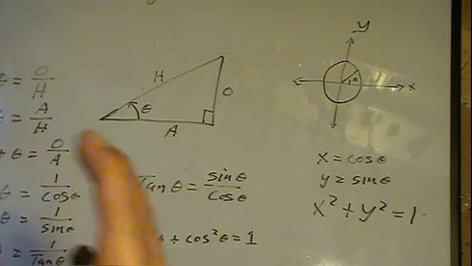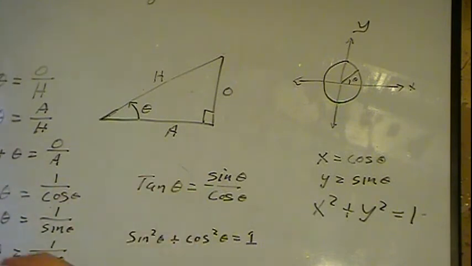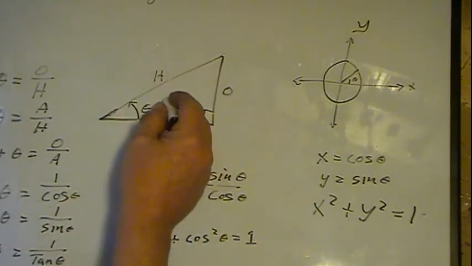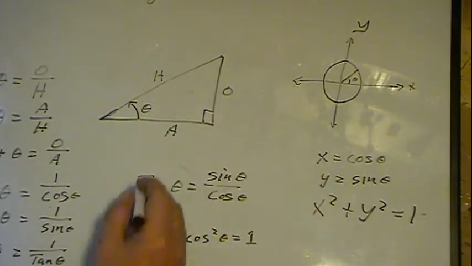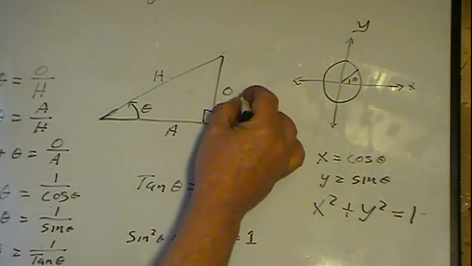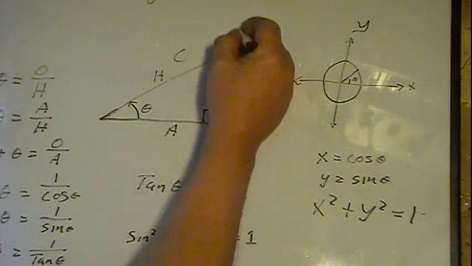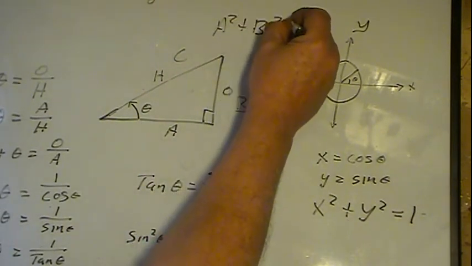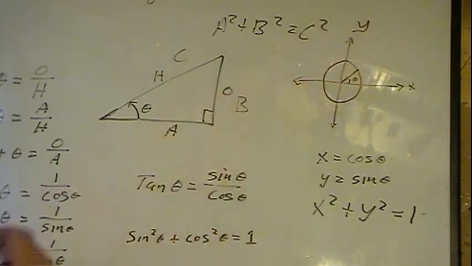So that's how they work out. This is actually the same thing as you've probably seen the right triangle having different labels, like A, B, and C, and then they're saying A squared plus B squared equals C squared.